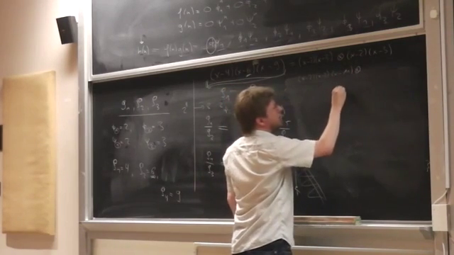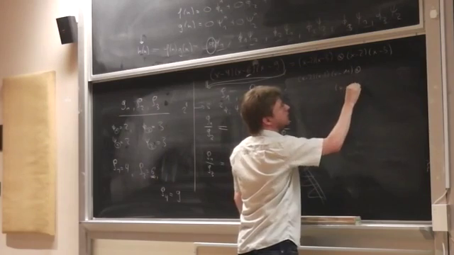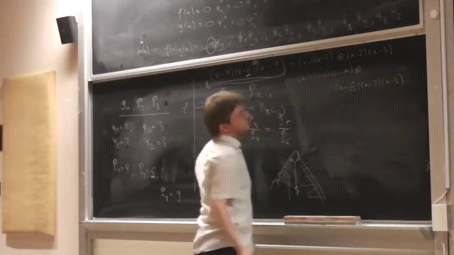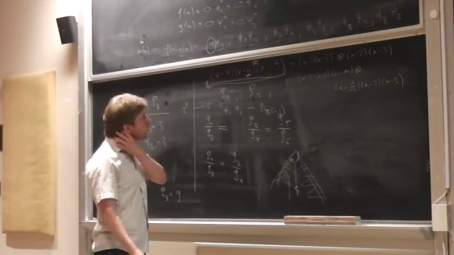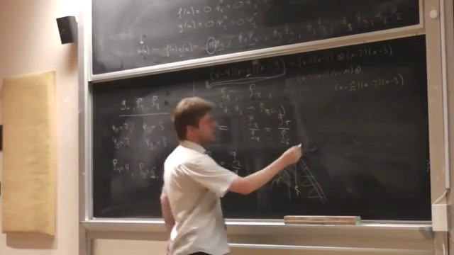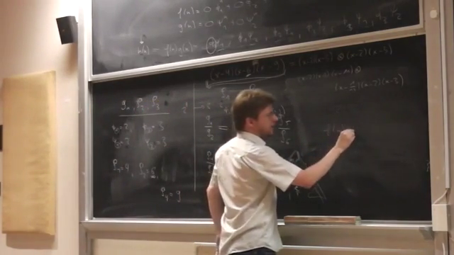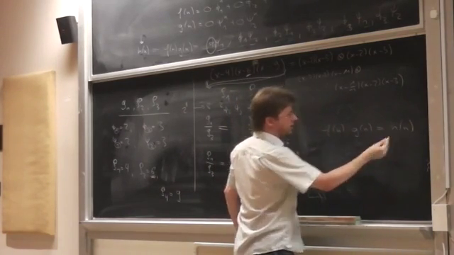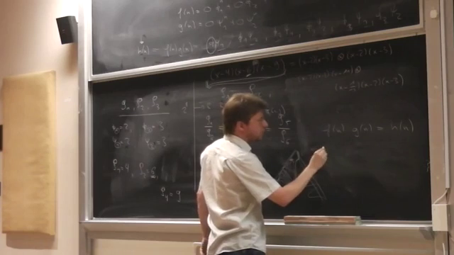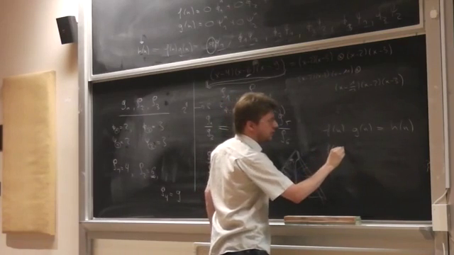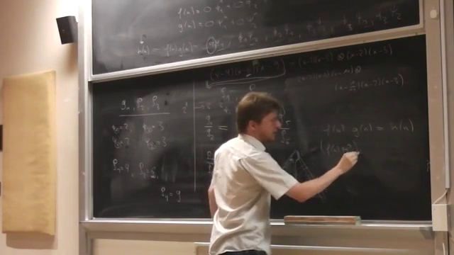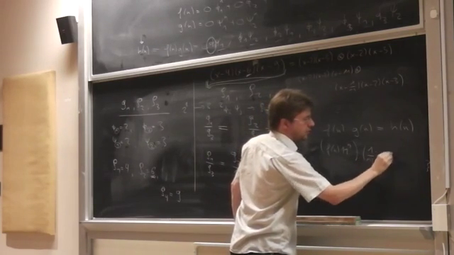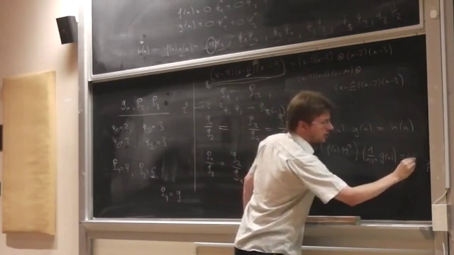Times x minus 1 over 11, x minus 2, x minus 3. So this corresponds to saying that if f of n times g of n is h of n, and you have found such a factorization, you could also say f of n times 11 to the n times 1 over 11 to the n, g of n, and that would be another factorization.